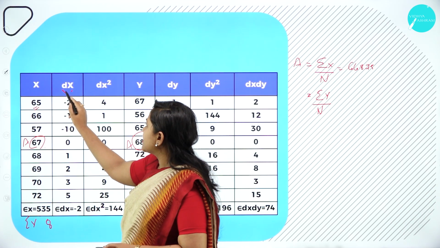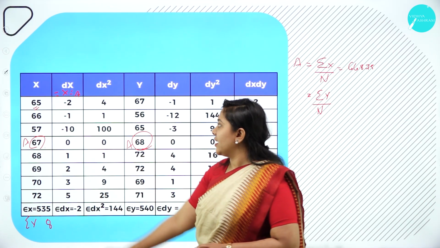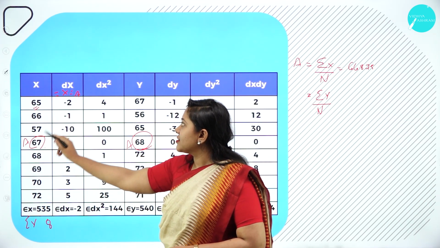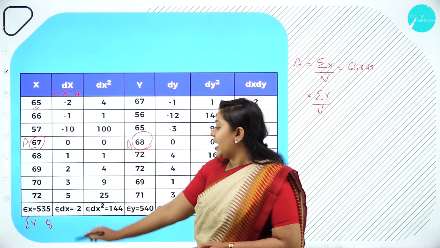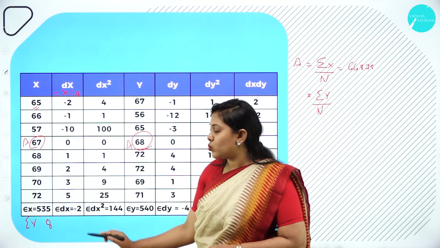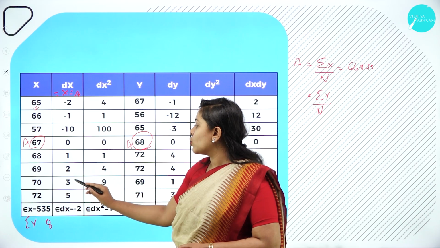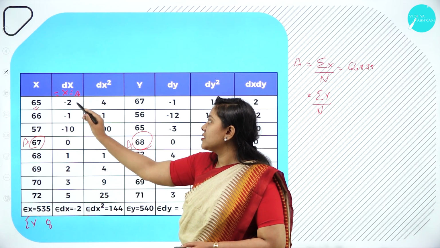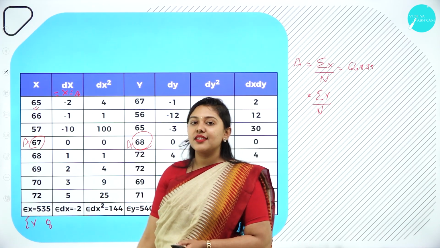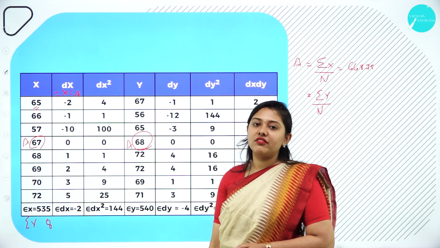So it is x minus a. 65 minus 67 is minus 2. Like that you have to do it for all, and the summation of dx will be minus 2. How is it minus 2? 1 plus 2 plus 3 plus 5, you have to subtract from minus 10, minus 1, minus 2. So sigma dx is minus 2. So how do we calculate deviation? X minus a.